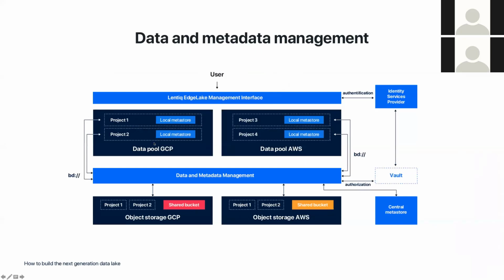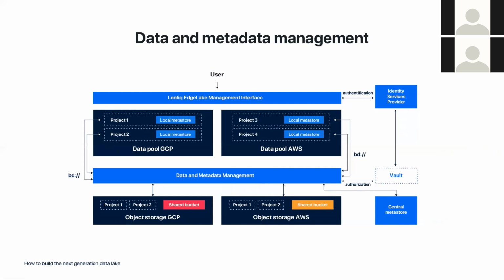So data in the data pool is going to be prefixed with BD://. And when the user wants to share data from project 1 to project 4, regardless of the underlying cloud provider, we are going to make the translation behind the scenes. And users are going to be able to copy data from one point to the next.